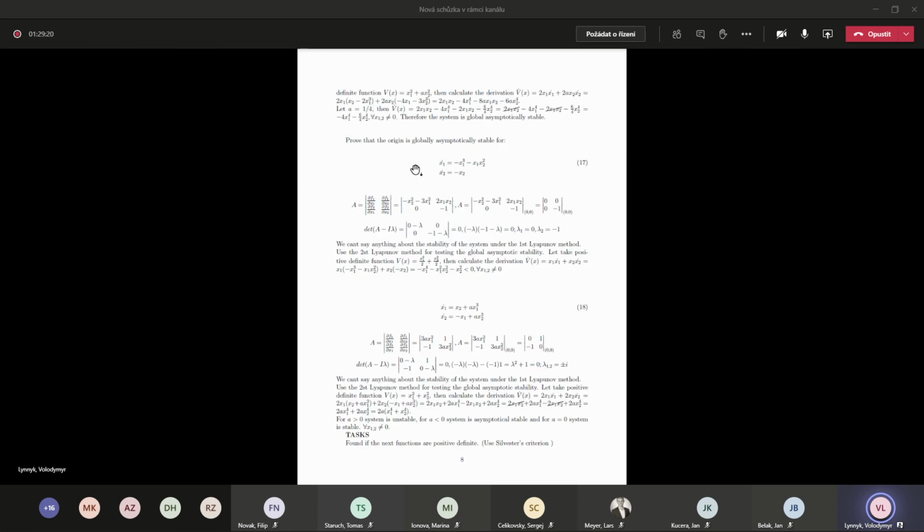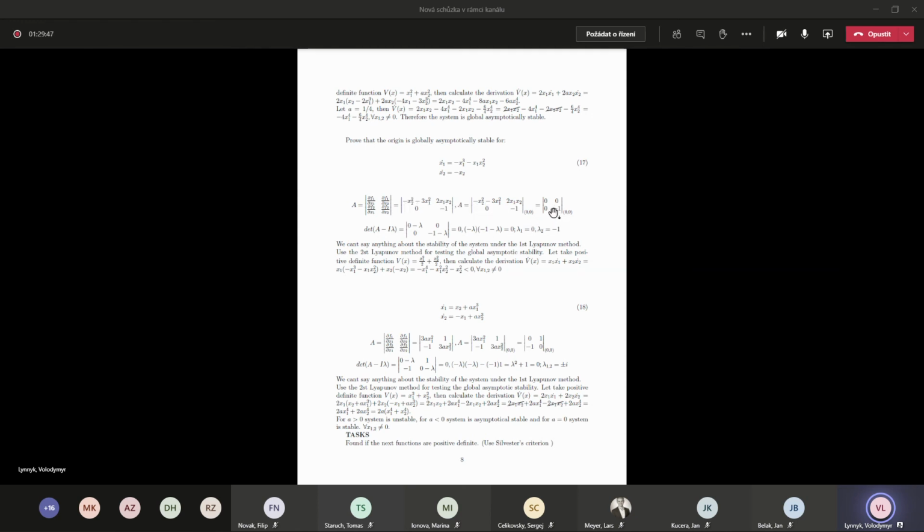The next example is x1 dot equals minus x1 cubed minus x1x2 squared, and x2 dot equals minus x2. We apply the indirect Lyapunov method and calculate the Jacobian.